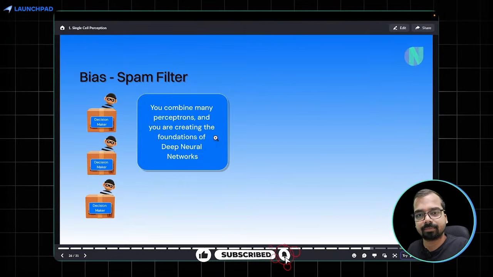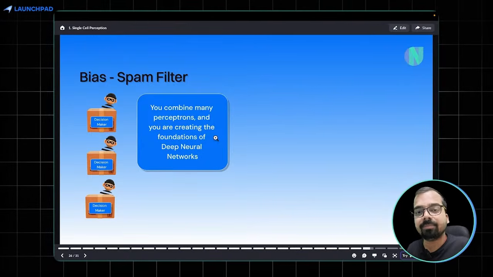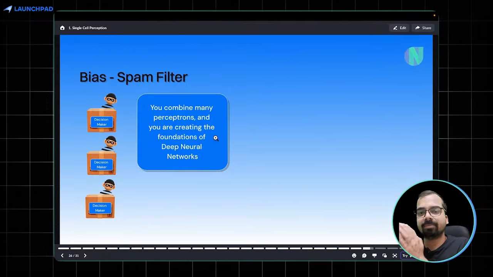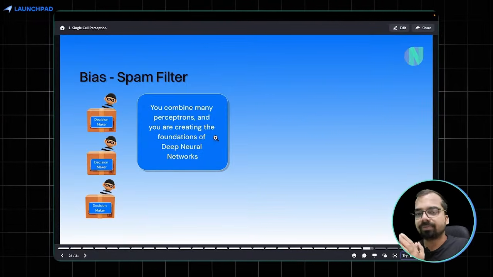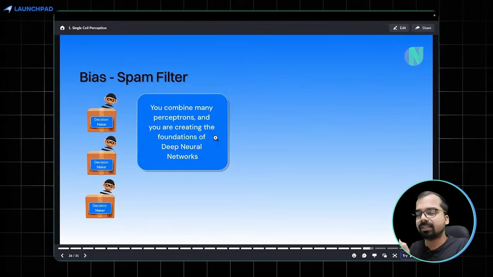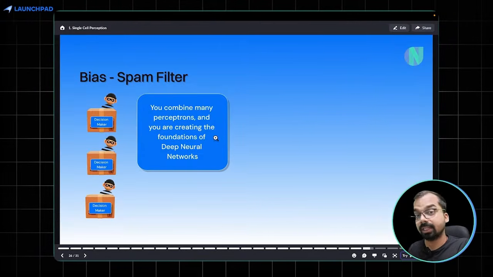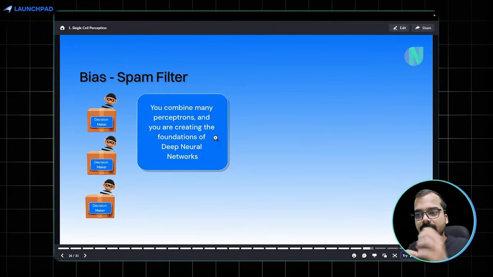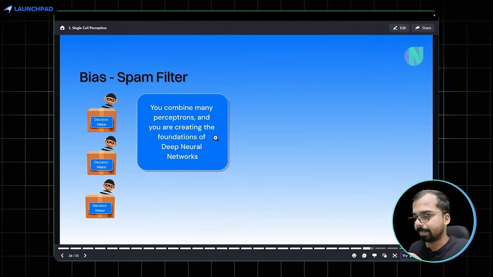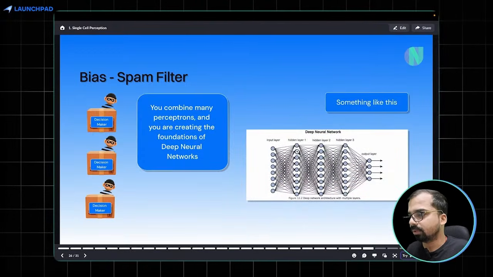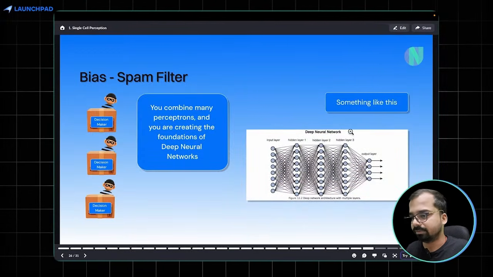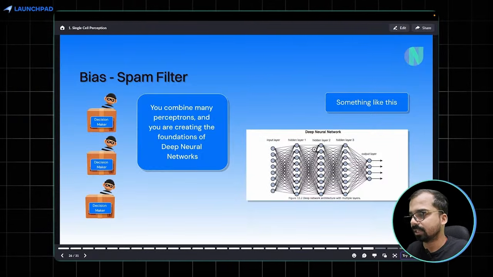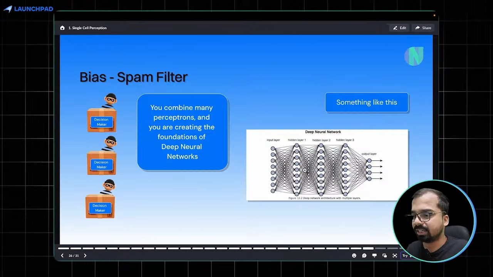And this is where our deep neural network comes. Deep neural networks actually leverage these single cell perceptrons, but multiple of them, to create these complex learning systems that can identify images, that can be helpful in applications like ChatGPT, right? So here is an example of a deep neural network where you have multiple of these perceptrons, and each vertical line is called a layer.